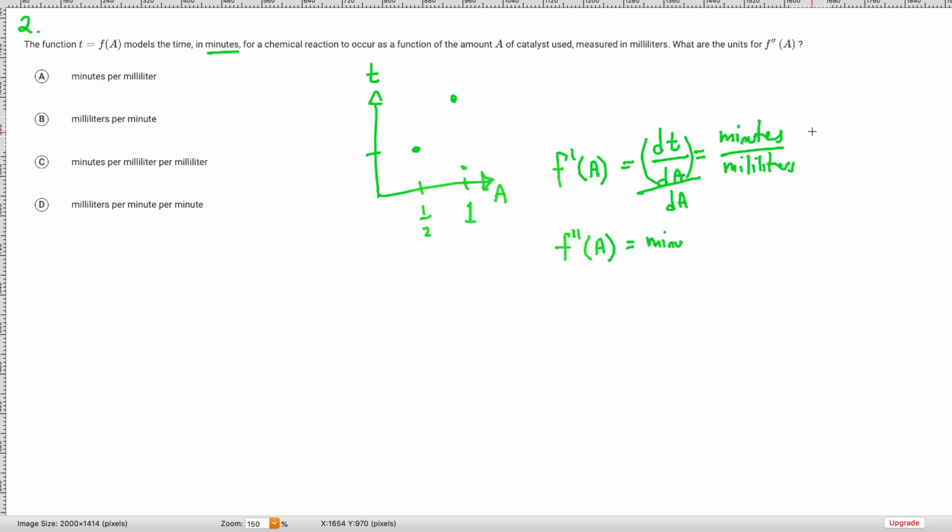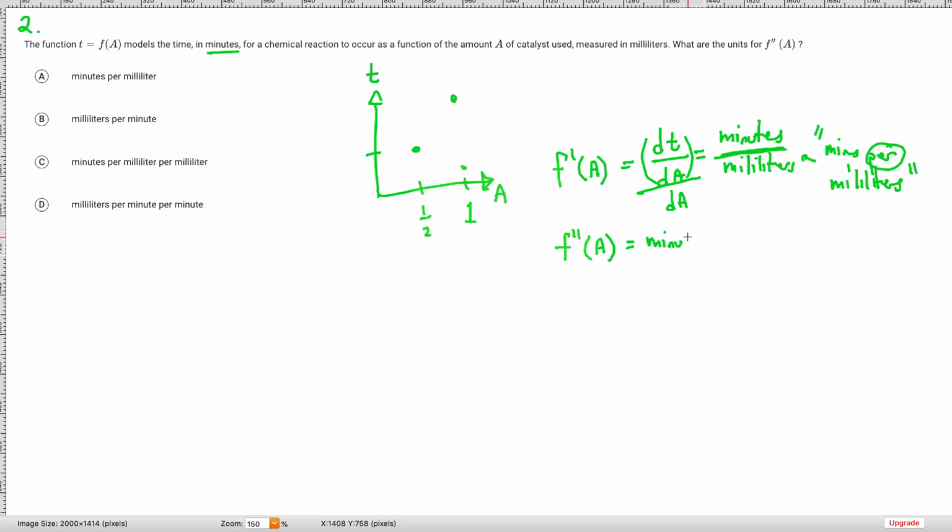And we could say this is minutes per milliliter, right? You want to find out how much is changing per milliliter. So this is minutes per milliliter. You say the slash as a per.